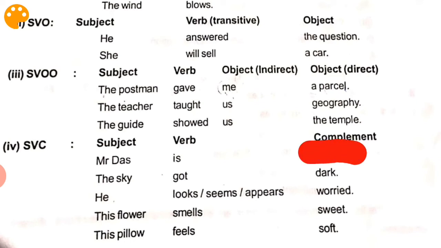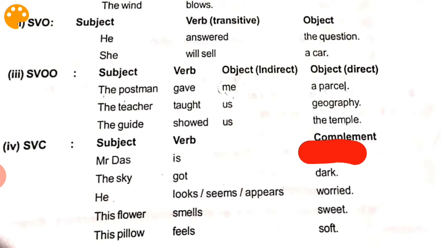Mr. Das is what? A teacher. After the be verb, a teacher is the complement. So in the SVC pattern, if we omit the complement, the sentence remains incomplete. No one can understand the meaning.